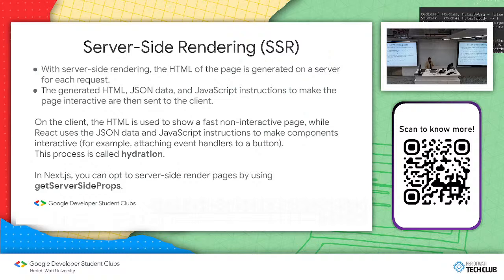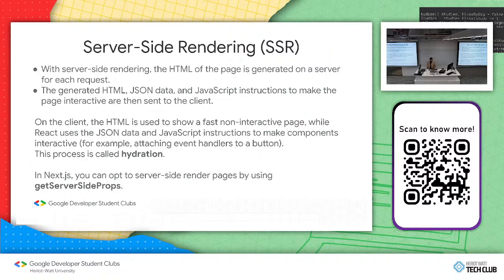So basically, whenever a user visits a web page, the server has to calculate or process the information, generate an HTML page, and send it over. So it generates the HTML page, JSON data, as well as JavaScript, and sends it to the client so that the page can be made interactive.